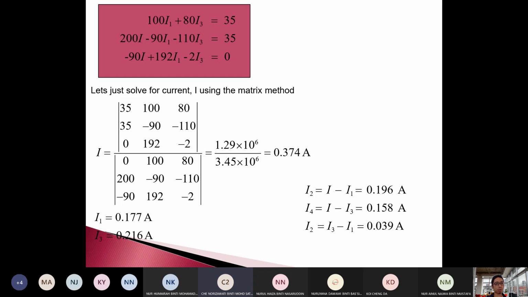This is 0, 200 and minus 90, and then over here just replace with the same value as the one that you obtained at the numerator.